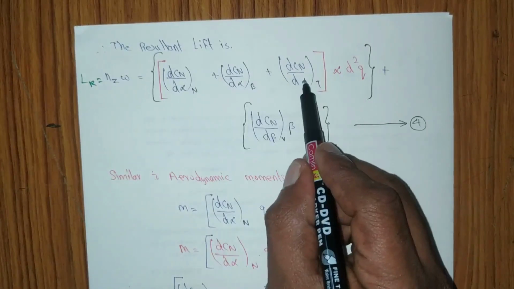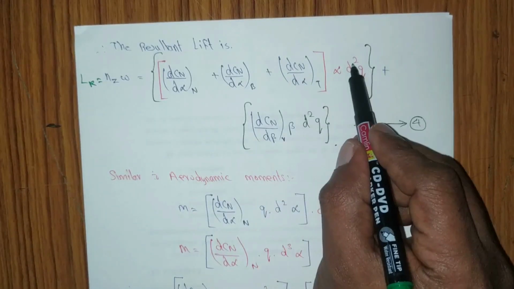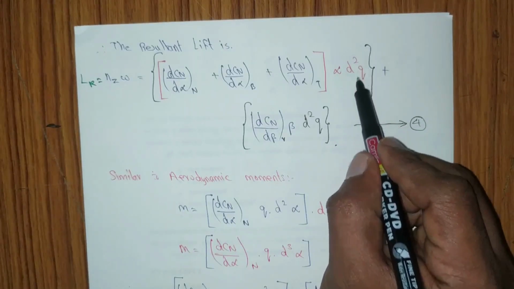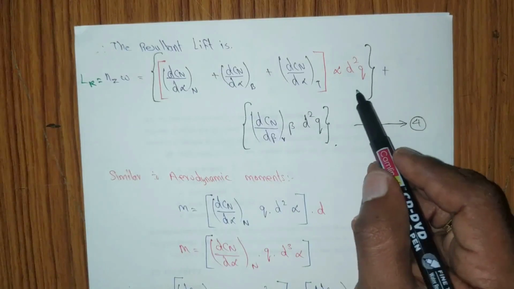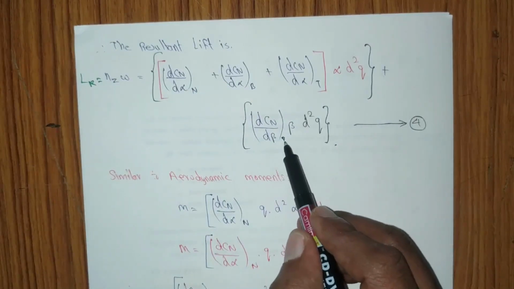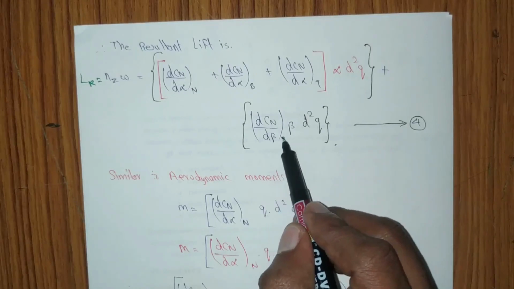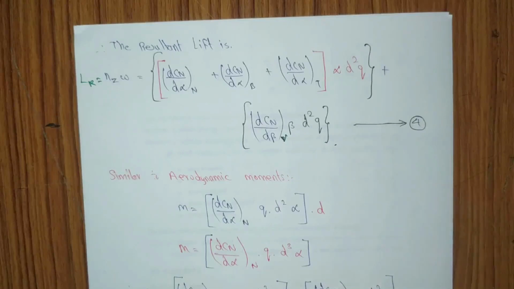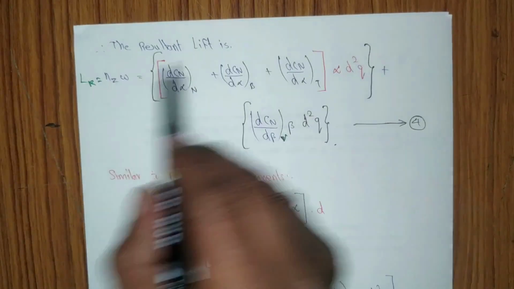This is the lift coefficient with respect to alpha, into d square area into half rho V infinity square, which is the dynamic pressure. This is for nose, body and tail. Plus we need to add the vector components: dCn by d beta is due to the vector component, into beta d square q. This is dynamic pressure. So we identified lift.